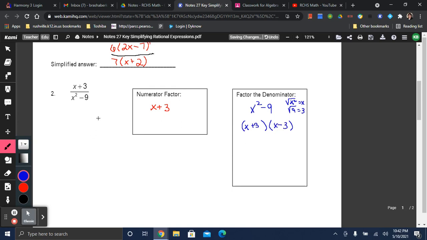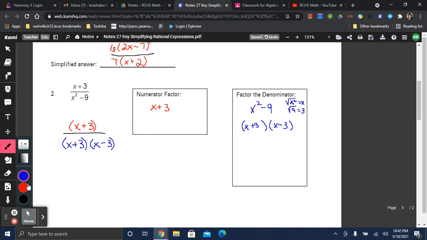And so then I'm going to come back to my fraction, writing my numerator. This time I'm going to put it in a parentheses, and then my denominator, I have my 2 factors, x plus 3 and x minus 3.